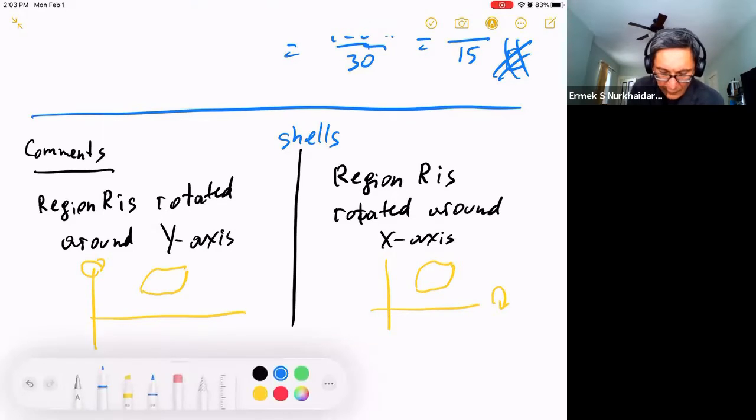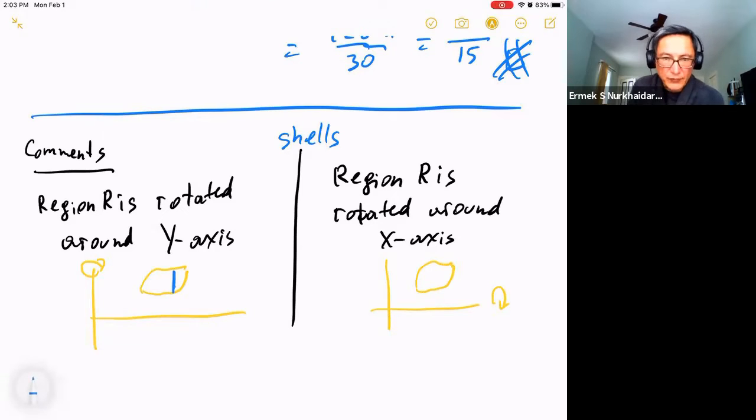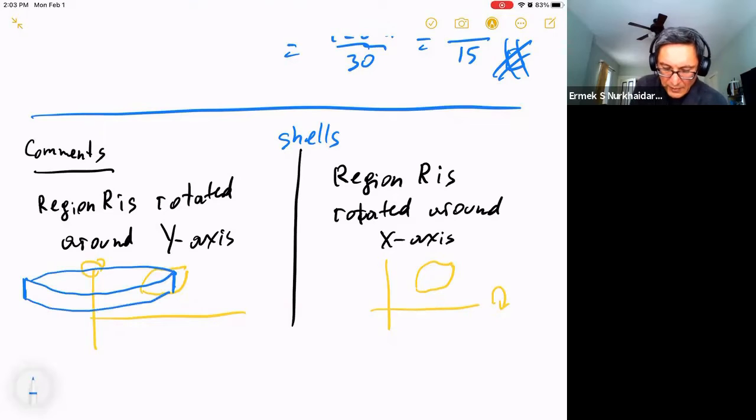For the first case, we draw a stripe parallel to the axis of rotation, and we see our shell. Right? So in this case, R is going to be x, and H is going to be y top minus y bottom.